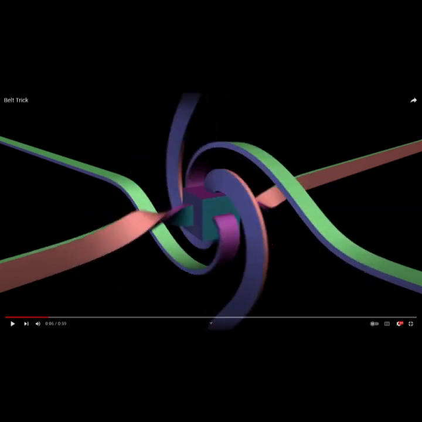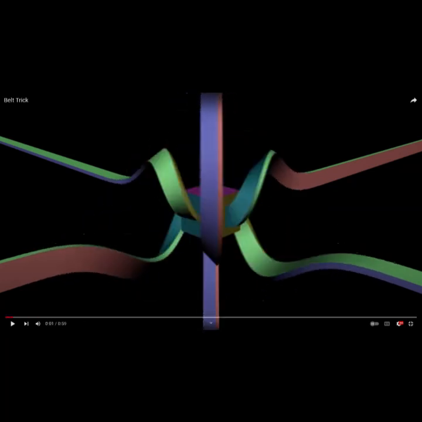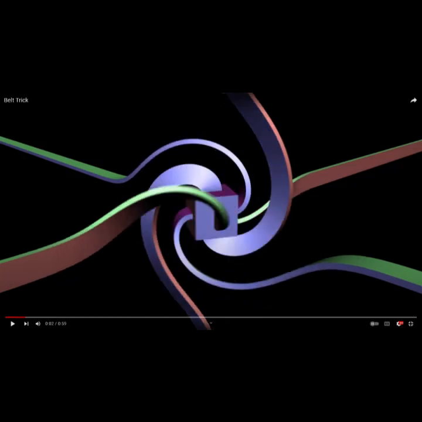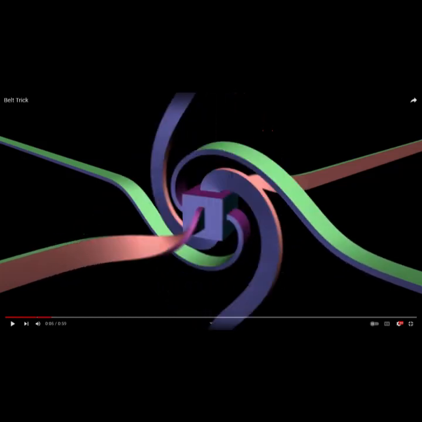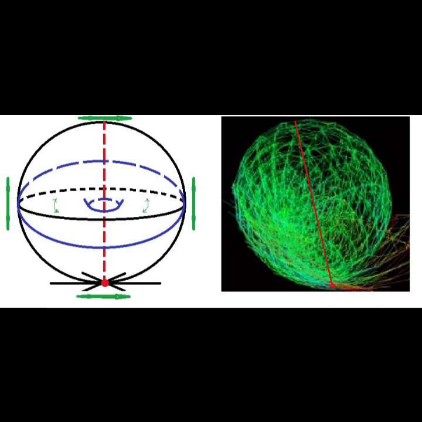In mathematics, we say that SU2 is the double cover of SO3. One thing is for sure: the mathematics behaves in the same way as reality does in our experiments. We just seem unable to wrap our intuition around it.